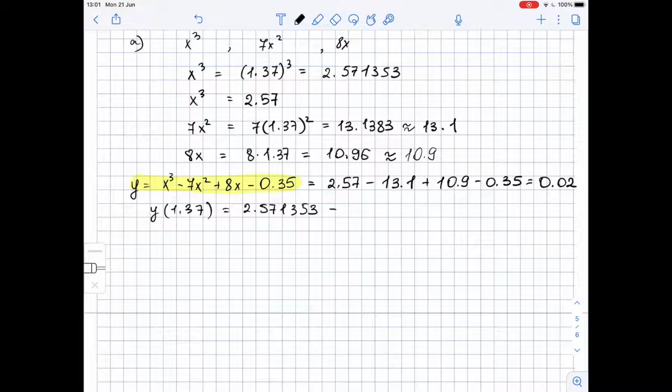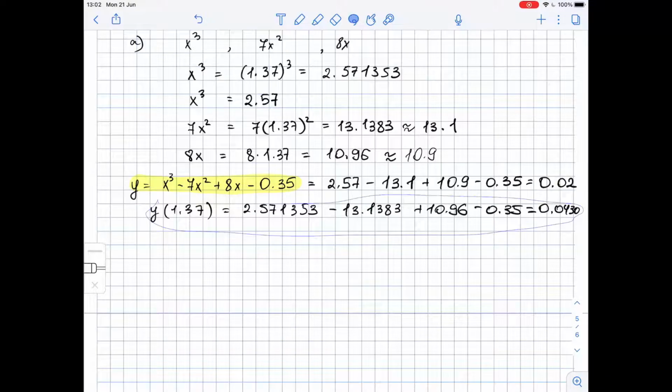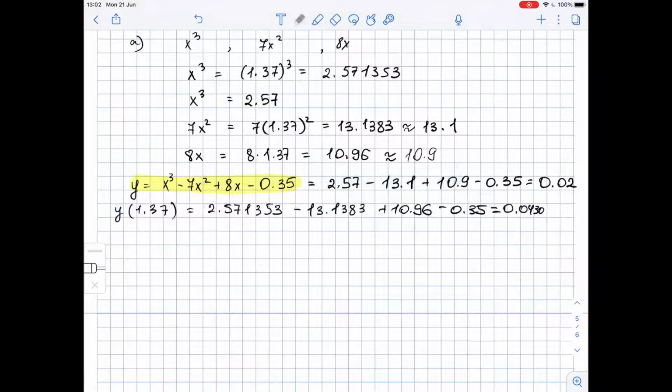So this minus 13.1383 plus 10.96 minus 0.35, and this equals 0.043053. And now we can find the percent relative error.